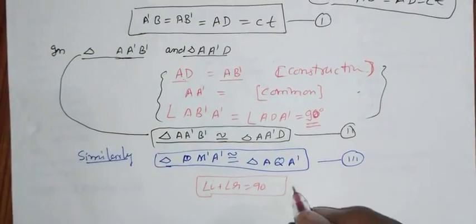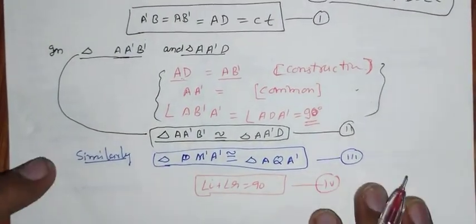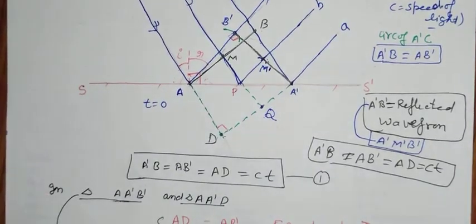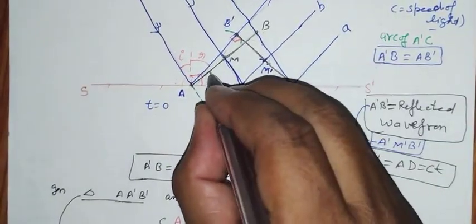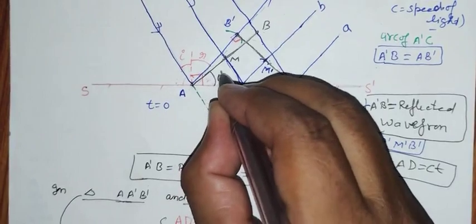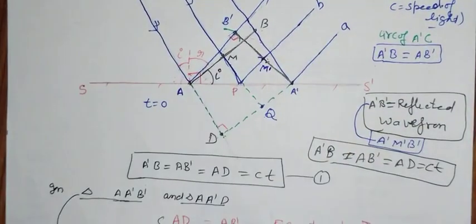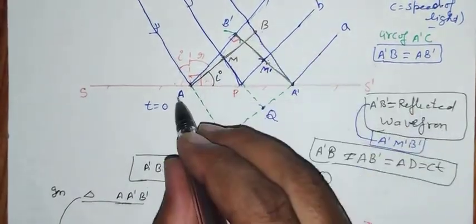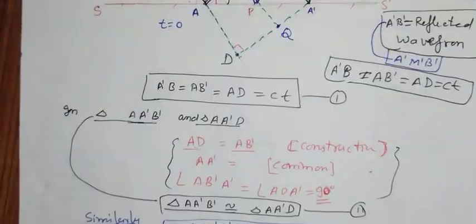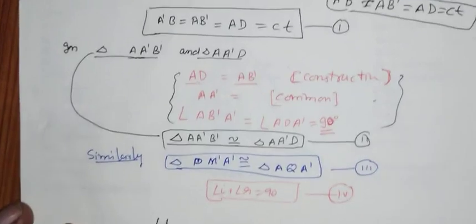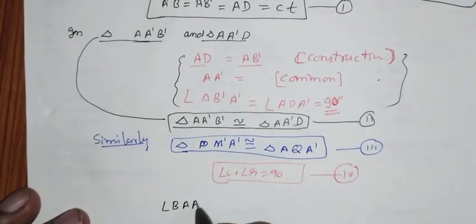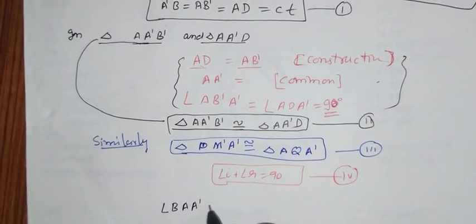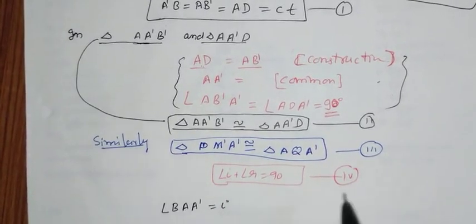We are able to show that. In that condition, see in the diagram, very importantly, this angle becomes I. So what is this angle called? BAA'. Angle BAA' is angle I.